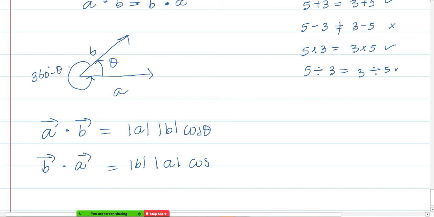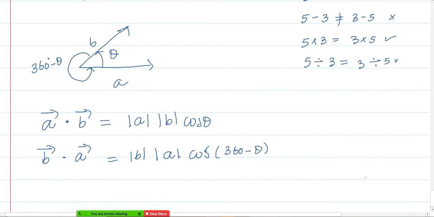You agree? So if you apply B vector dot A vector, the first vector is B and the second vector is A. The angle between first and second vector is, in this case, 360 degrees minus theta. You know very well, 360 minus theta lies in the fourth quadrant.